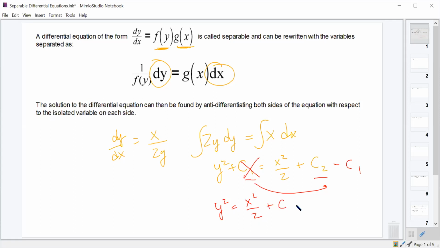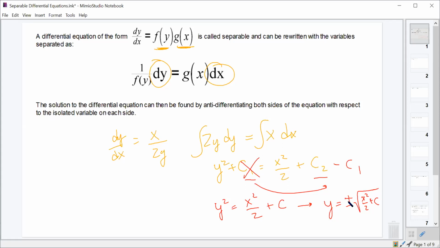Yeah. Okay. And so the general solution to that differential equation would be y equals either positive or negative square root of x squared over 2 plus a constant. Obviously the positive or the negative part would make it not a function if you included both of those, so we'll just choose whichever one we need based on an initial condition that might be given to us.